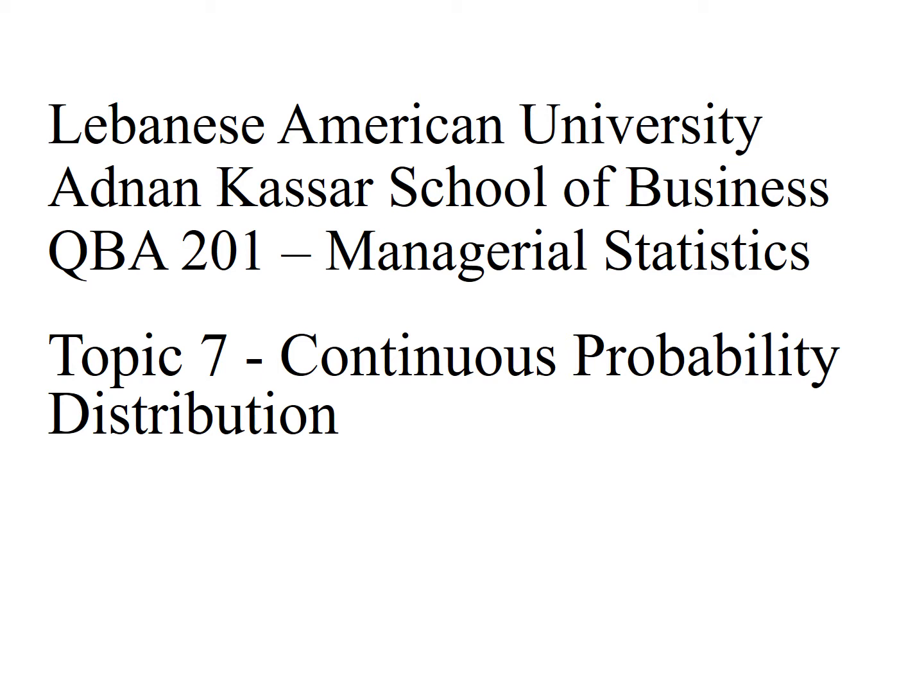That's why in a variable that has a continuous probability distribution, we're not going to find the probability of a specific value, but rather the probability that this variable will be within a range of values. So that's the main difference between this topic and the previous topic.